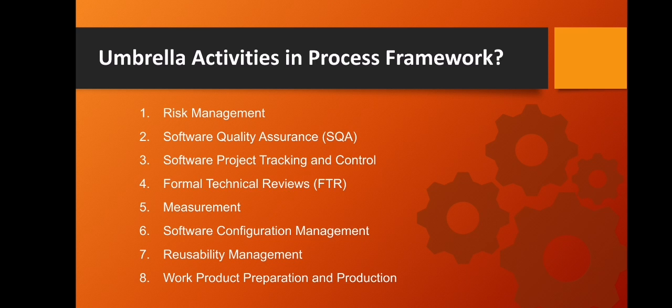Measurement defines and collects process, project, and product measures that assist the team in delivering software that meets stakeholders' needs. These can be used in conjunction with all other framework and umbrella activities.